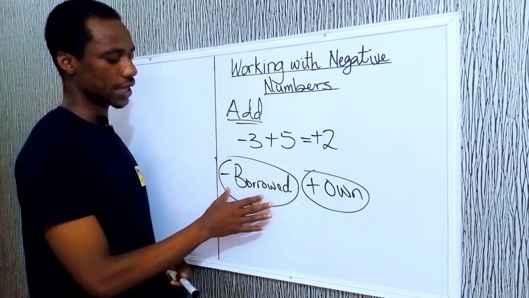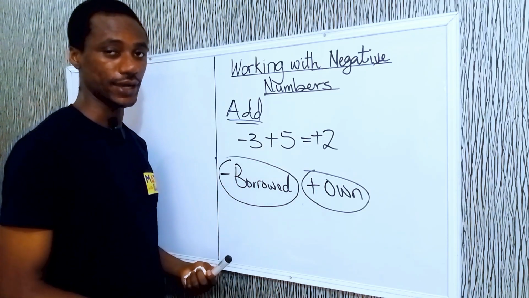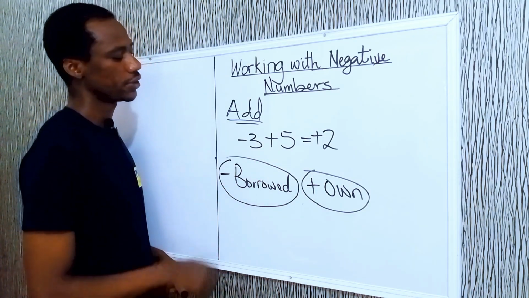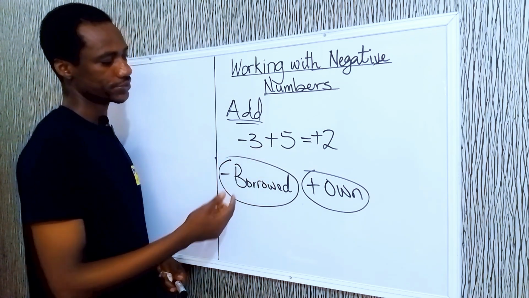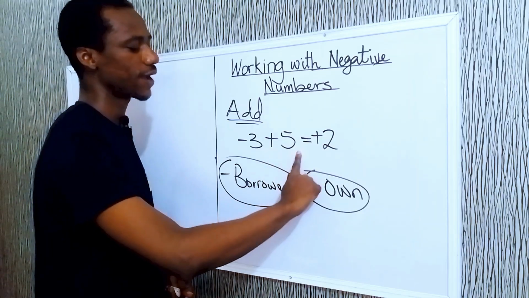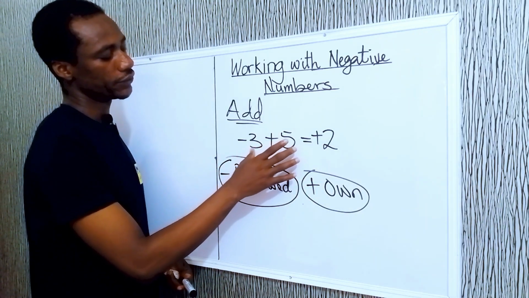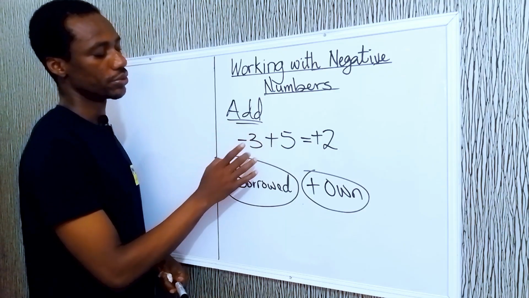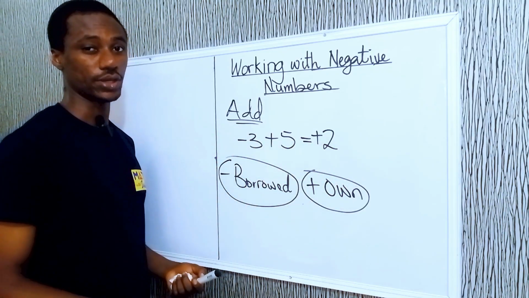We see minus as what we borrowed and plus as what we have, or what we own. So here we borrow 3 apples and now we have 5 apples. If we pay back the 3 apples we borrowed, we'll be left with 2 apples.